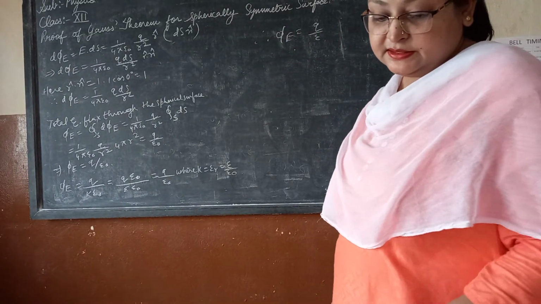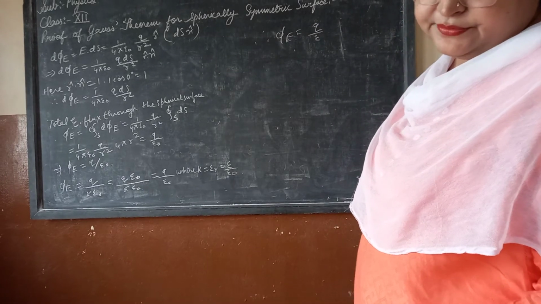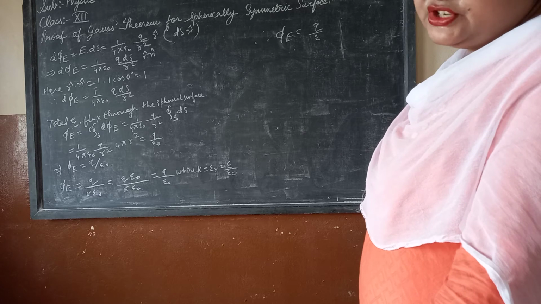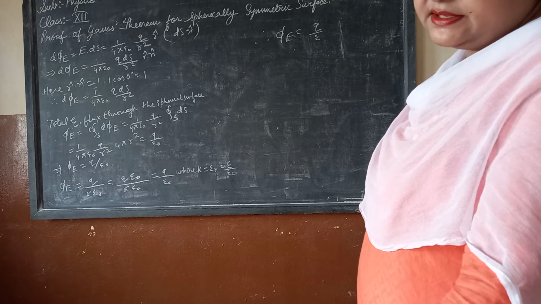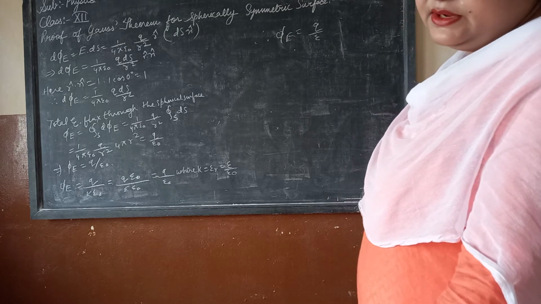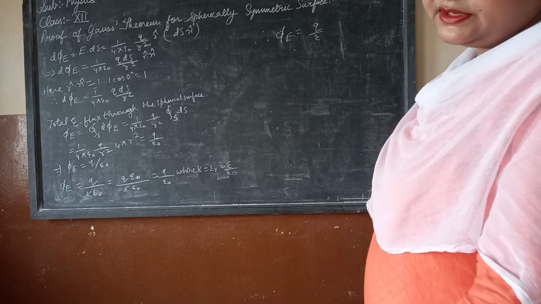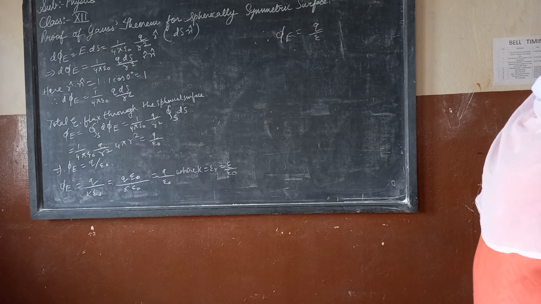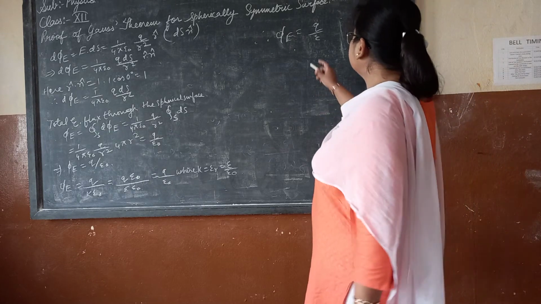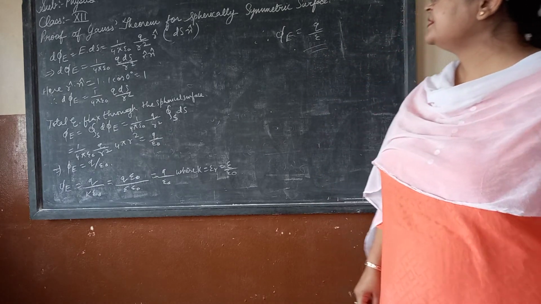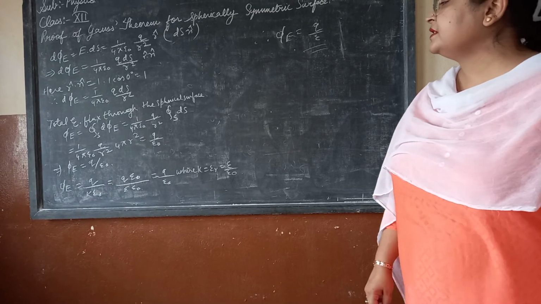And thus we will have it given by this equation. If there is no net charge within the closed surface, when q equals 0, then φ equals 0. The total electric flux through a closed surface is 0 if there is no charge enclosed by the surface itself. So φ equals q upon epsilon 0. This is how the proof of the Gauss theorem for a spherical surface has been taken up.